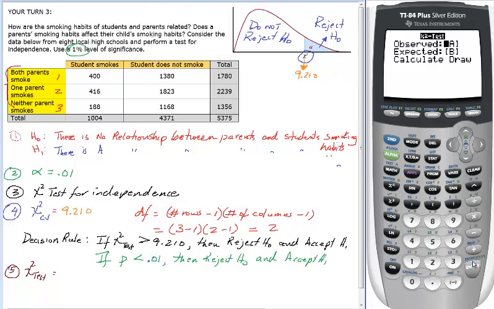Now the first thing is asking you, is the observed values in matrix A? Yes. The expected values will be automatically computed and placed in matrix B, and you can look at that later if you want. But the observed values are in A, the expected values are in B. So that's all you got to do is put it in matrix form in matrix A and tell the calculator it's in A, which it is, and now calculate.